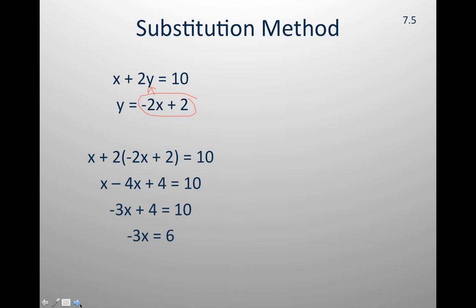We'll subtract 4 from both sides. And that'll give us negative 3x equals 6. Then we'll divide both sides by negative 3. X equals negative 2. We can then take that negative 2 and plug it back into the slope-intercept equation. And then we'll just do the math to solve for y. So y equals 6.